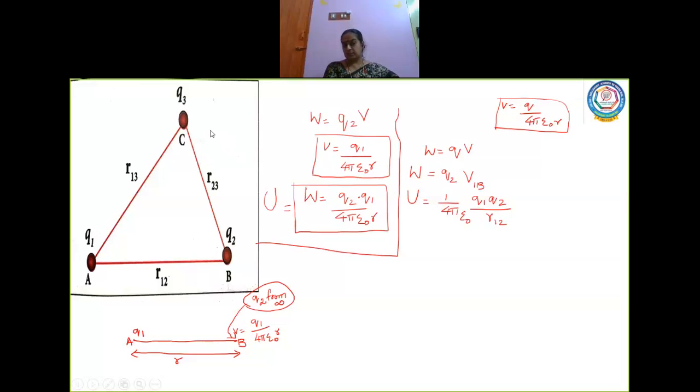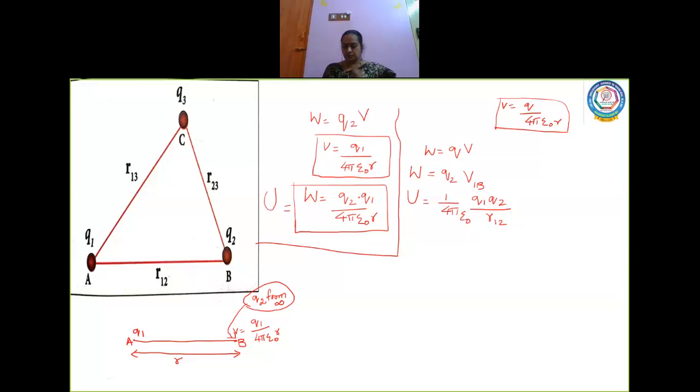So when this Q3 is coming, it has to overcome so many forces, because Q1 would have created an electric field. Q2 also would have created an electric field. So this Q3 should be brought in such a way that the work done is against the direction of the electric field created due to Q1 and Q2.